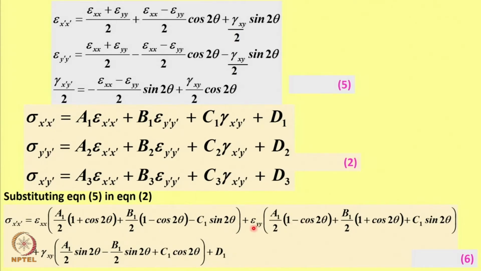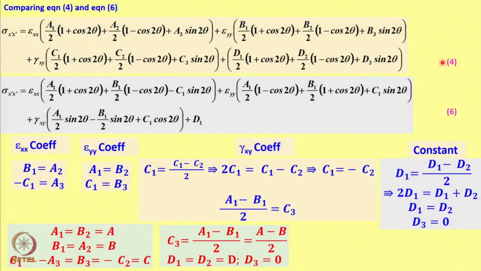Similarly, plus epsilon yy into a1 by 2 into 1 minus cos 2 theta plus b1 by 2 into 1 plus cos 2 theta plus c1 sin 2 theta, and plus gamma xy into a1 by 2 sin 2 theta minus b1 by 2 sin 2 theta plus c1 cos 2 theta plus d1. So I get equation 6. Now you see I am putting 4 and 6.